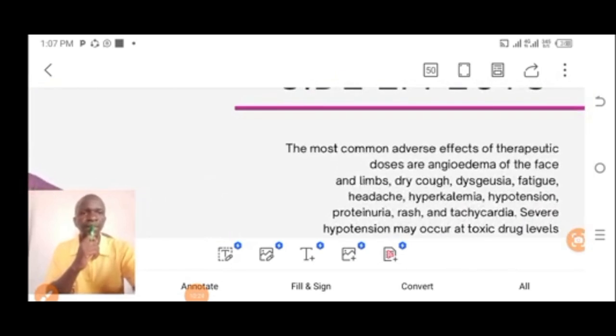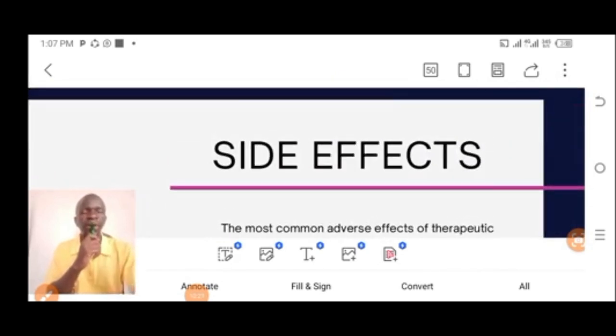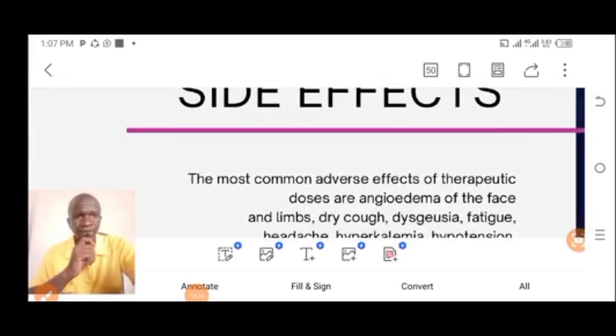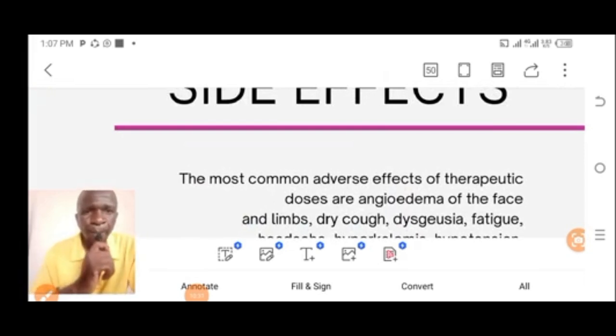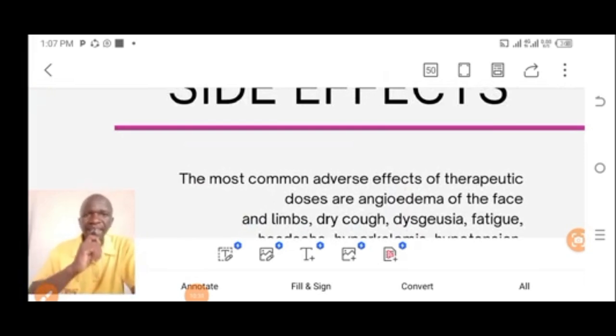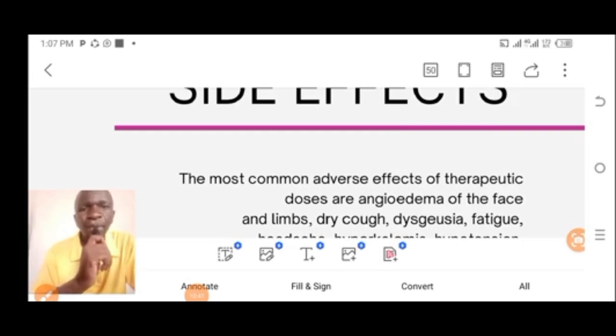So now let us look at what we call the adverse effects of a drug, or the side effects. We say drugs are the best medicines in short doses and poisons in large doses, right?